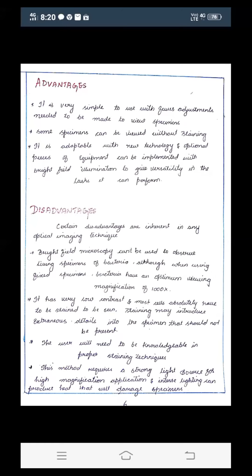Some specimens can be viewed without staining. In this microscope, we can see some of the specimens without staining also. It is adaptable with new technology, and optional pieces of equipment can be implemented with bright field illumination to give versatility in the tasks it can perform.